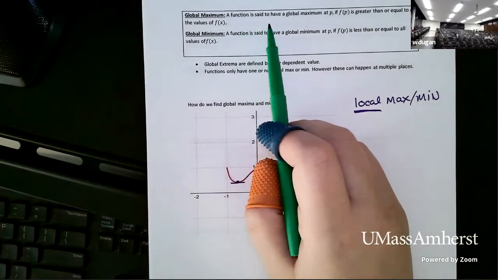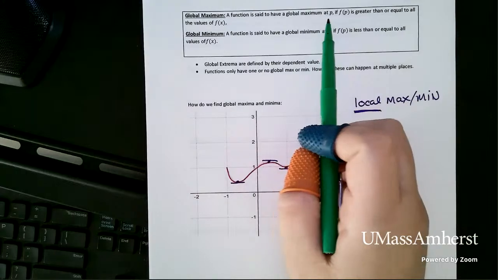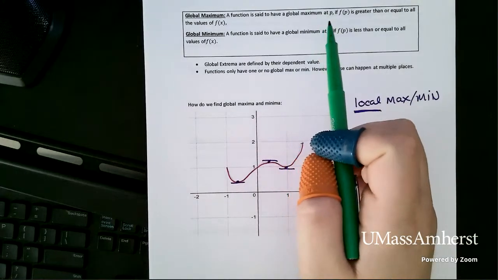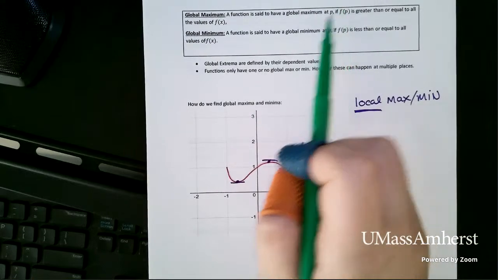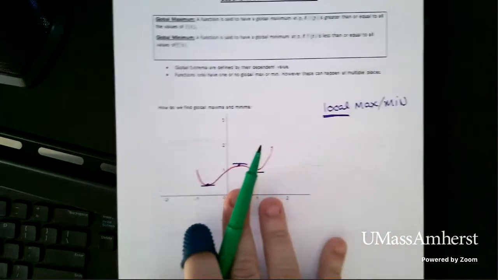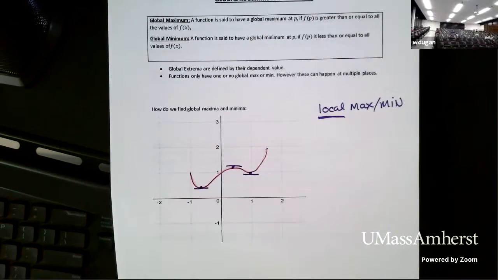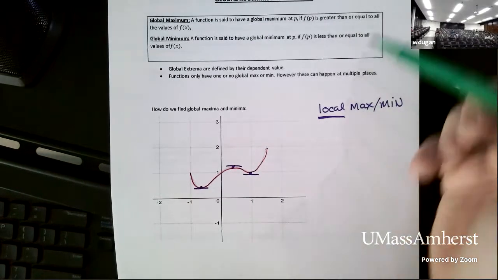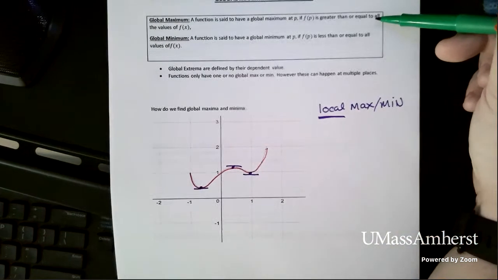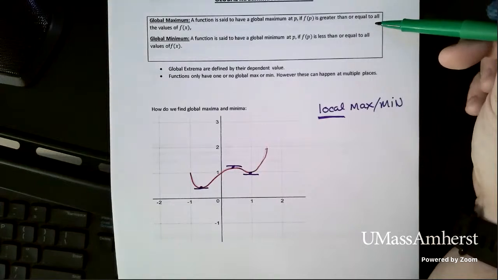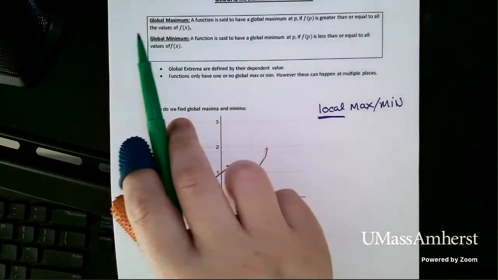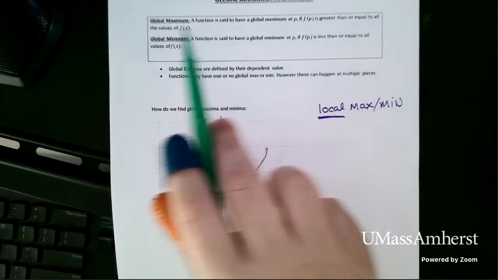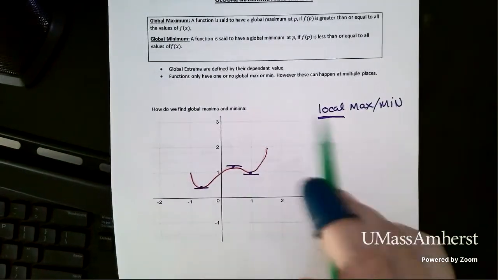A function is said to have a global maximum at P, so at some x value, if f of P, so the y value, is greater than or equal to all the values of f of x. So what does that mean? That means that if you have the highest y value, that is going to be the global maximum, right? Because it's equal to all the values. So it's greater than all of them, not just the nearby, but all of them.